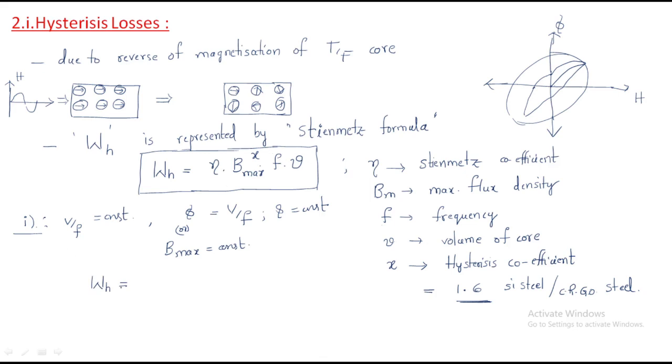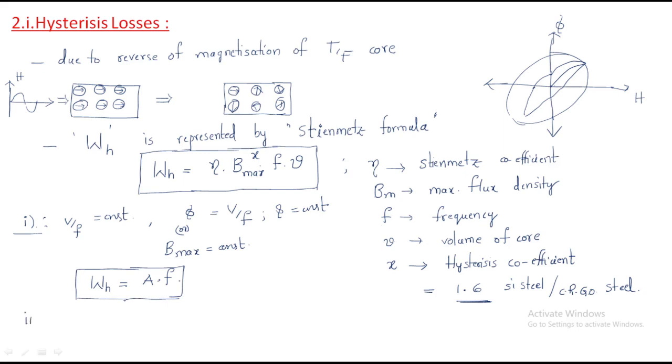Directly we can write WH equal to A into F. This is the direct formula. In your problem, if voltage per frequency is given as a constant value, then you can directly write WH equal to A into F. It is very much useful in our problems.